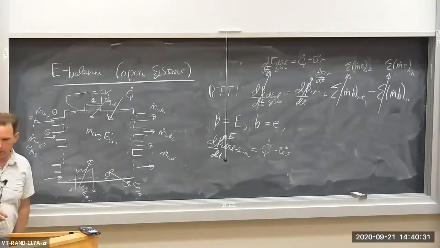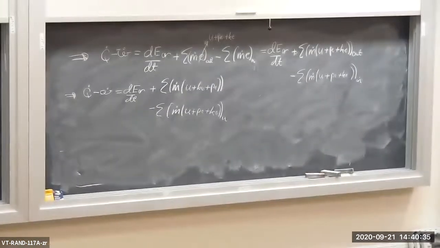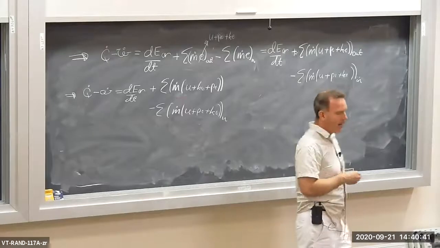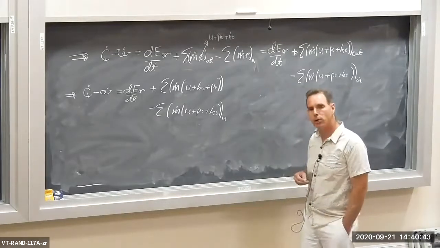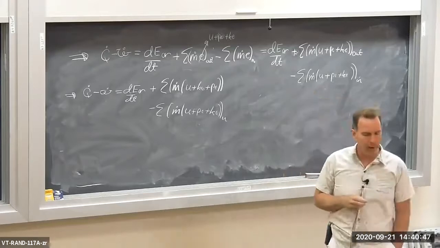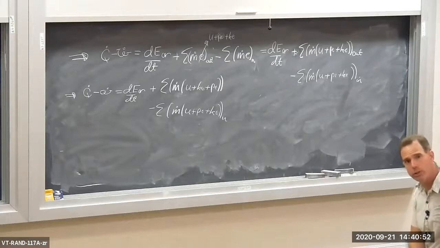All right, now before we get too much further here, I want to point something out. What happens if we don't have any mass flows at all? If that system had no m dots, no mass crossing the system boundary, in other words it was a closed system.